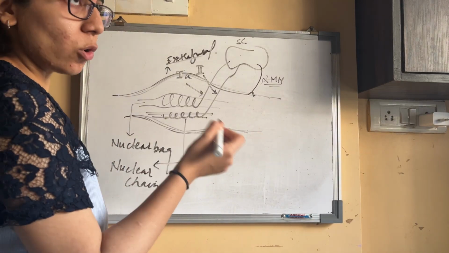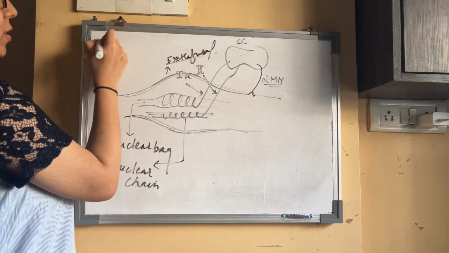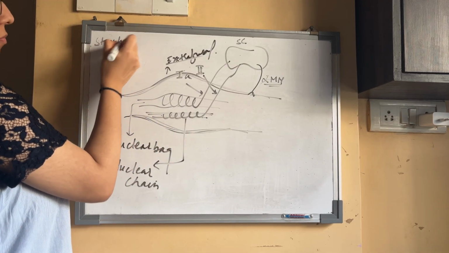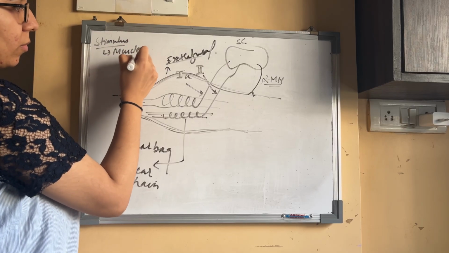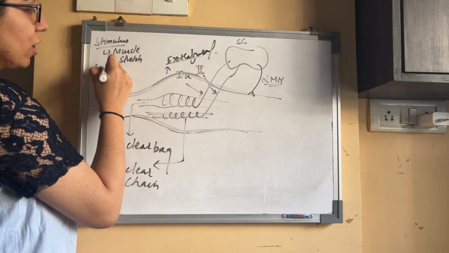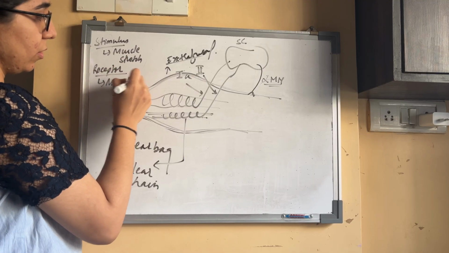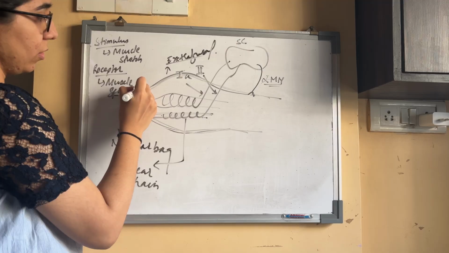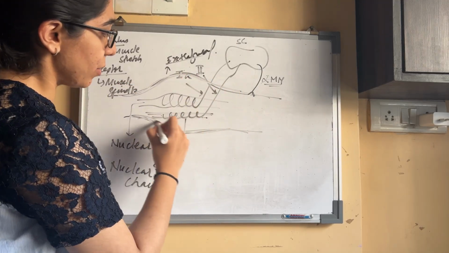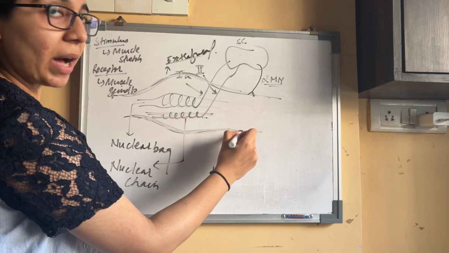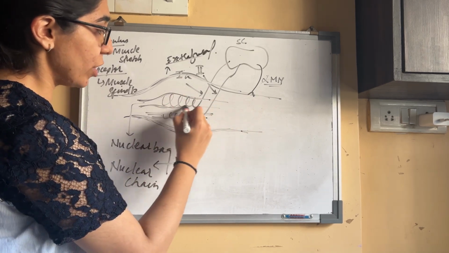So now, how does the stretch reflex work? The stimulus is muscle stretch. The receptor is muscle spindle. So this is the muscle spindle. These are the extrafusal fibers which form the part of any skeletal muscle. Then we have the intrafusal fibers.